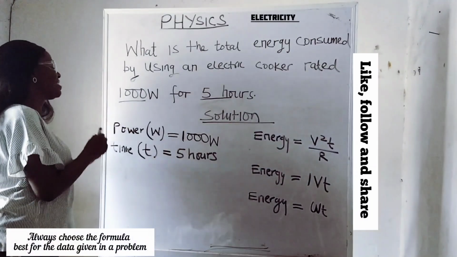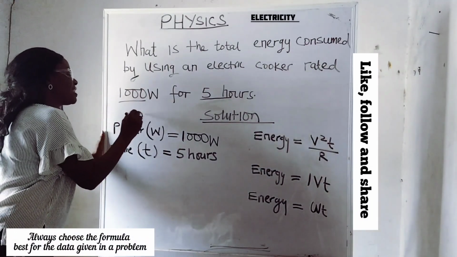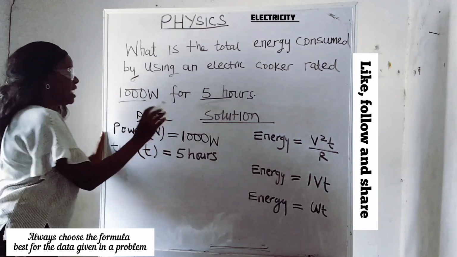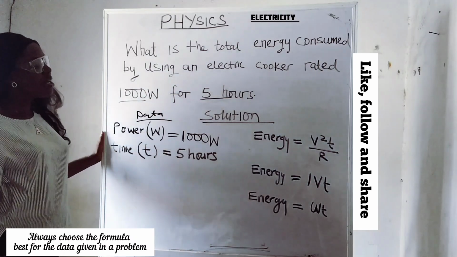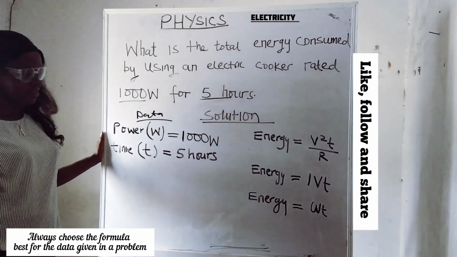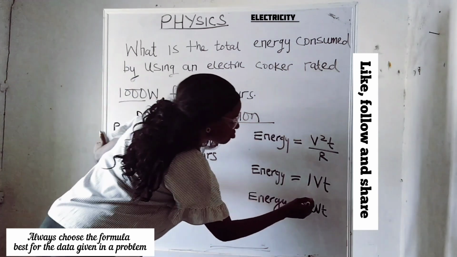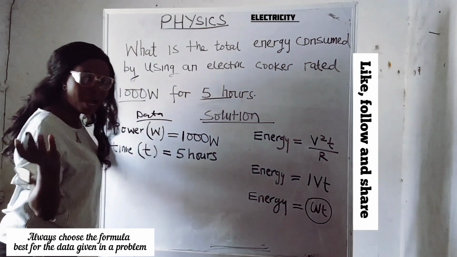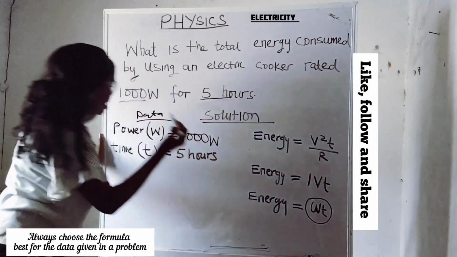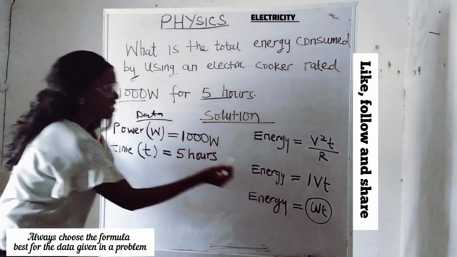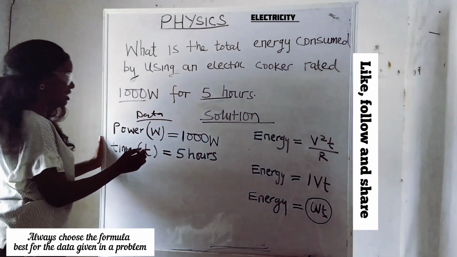So, having written out this data, which formula do we use to solve this problem? I choose this one, the third one. You know why? There is W here, there is W here. There is T here, and there is T here.